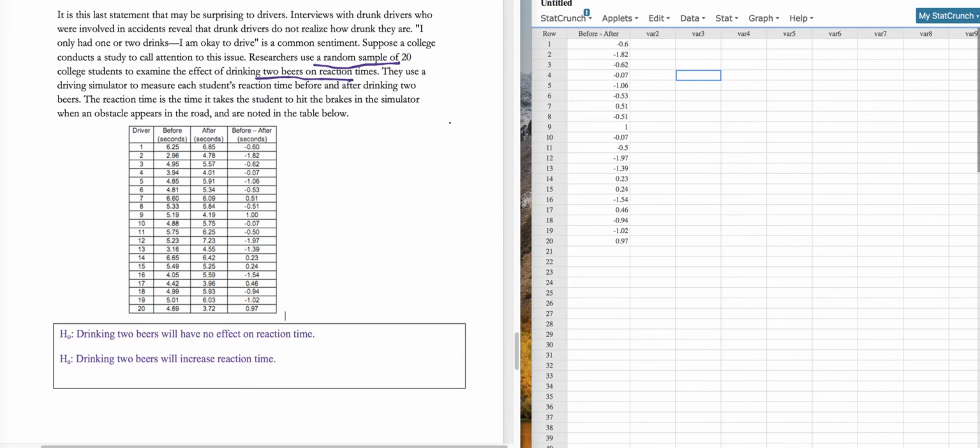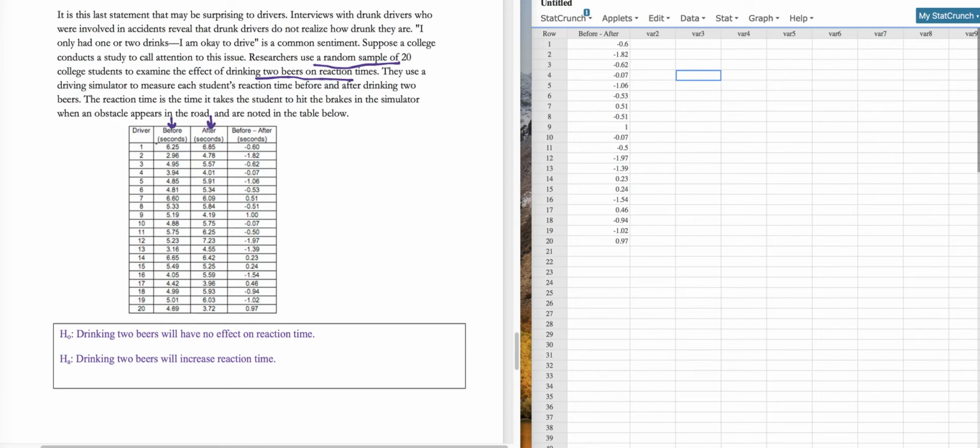Okay, so I have those sentences written out for us, and let's think about the data that we're going to consider here. In our sample of size 20, here is our before data and here is our after data. But our concern is how that reaction time has changed individual by individual.